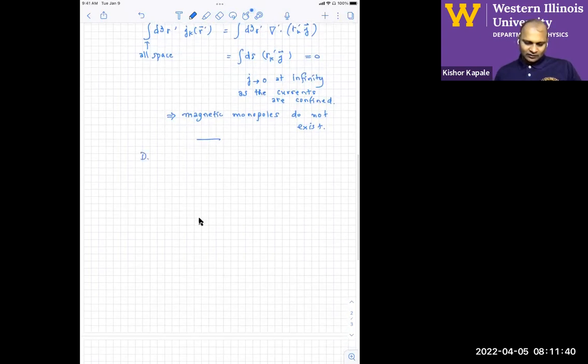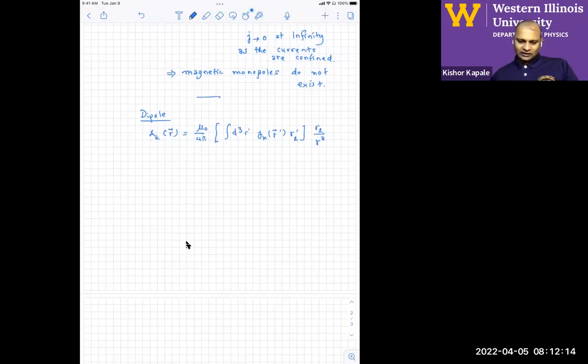Now let's take a look at the dipole term. We already started discussing that in the previous class as well. So let's look at only the dipole terms, right? Again, the kth component of the vector potential is mu0 over 4 pi, then the integral d^3r prime, J_k of r prime, then r_l prime, r_l over r cubed.